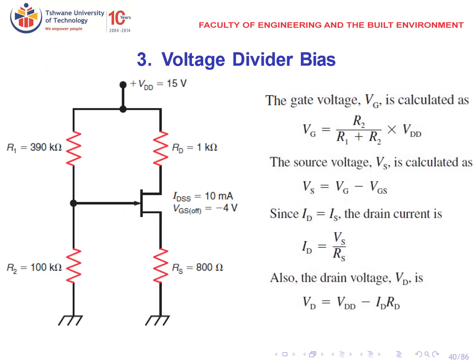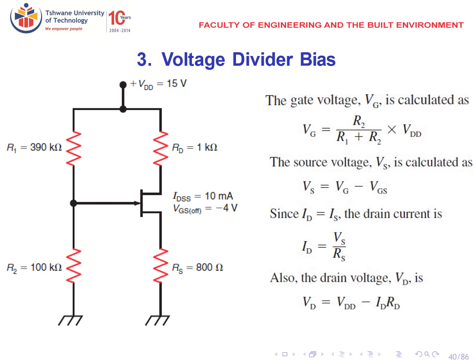Voltage divider biasing. The voltage Vg is calculated using the voltage divider formula. Vg is the voltage from the gate to ground, which is equal to the voltage across resistor 2. Resistors 1 and 2 are in series relative to VDD. So if you use the voltage divider equation, R2 over R1 plus R2 multiplied by VDD, that gives us the value of Vg.